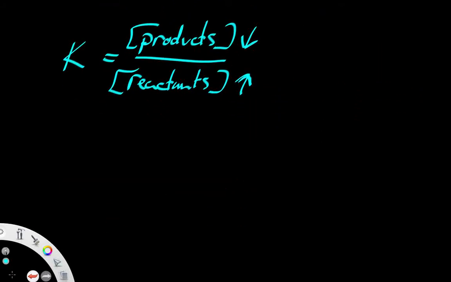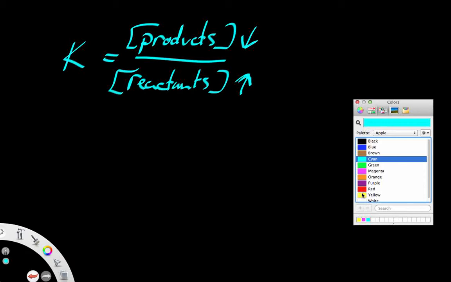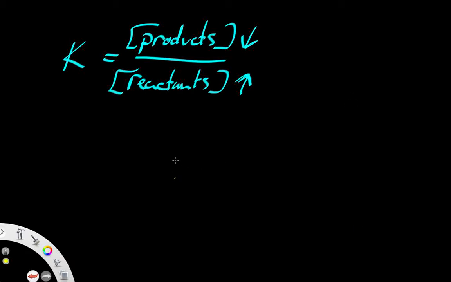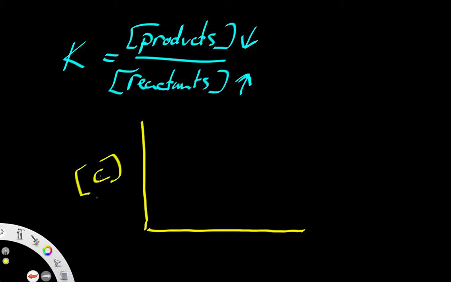Now, if we were to, once again, demonstrate this graphically, we would show it with something like this, where our x and y axis are going to be the same, by the way, where we have concentration. And I'm just going to put brackets around here, but this C demonstrates concentration. So I'll draw some curves.